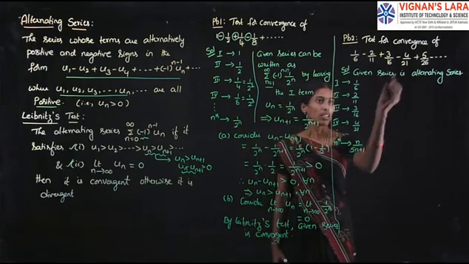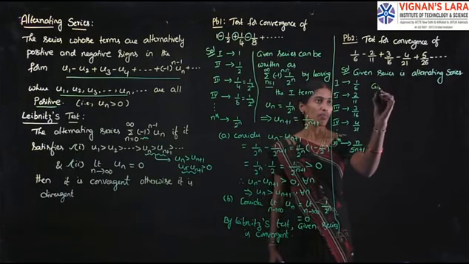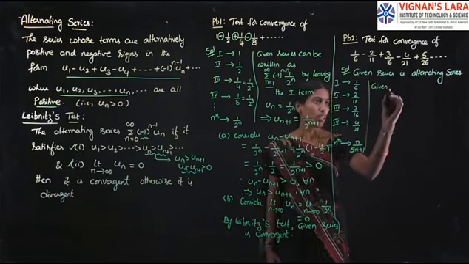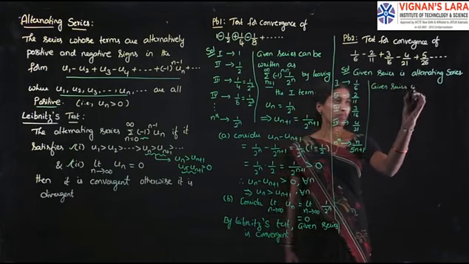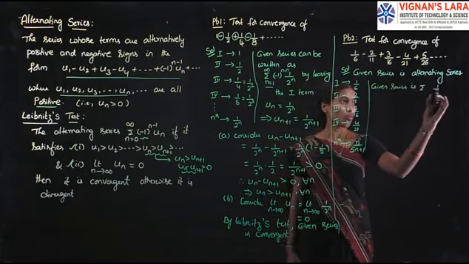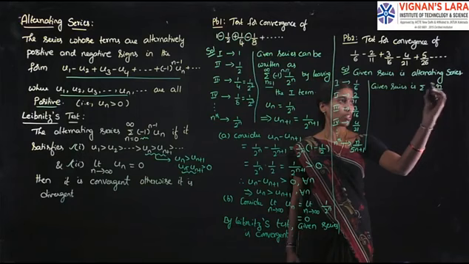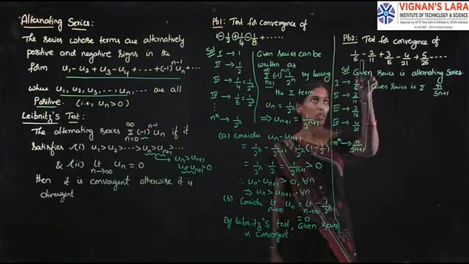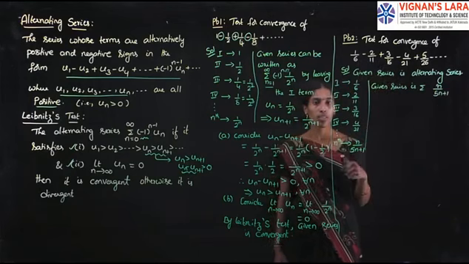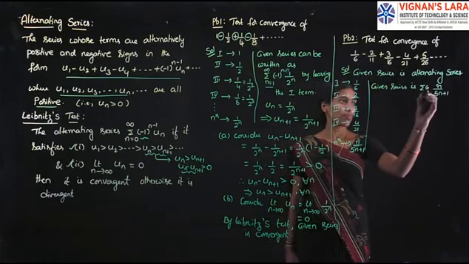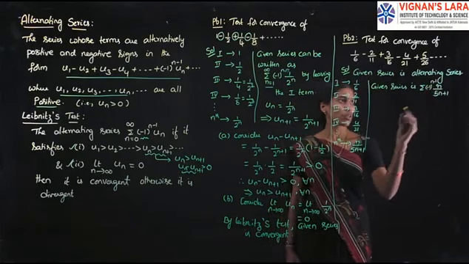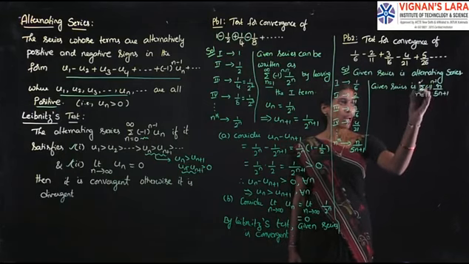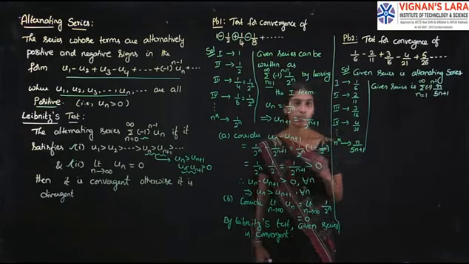So the generalized form is: the given series is summation of n by 5n plus 1, and to mention these alternating signs plus and minus, we write minus 1 to the power n minus 1, n is equal to 1 to infinity, right?